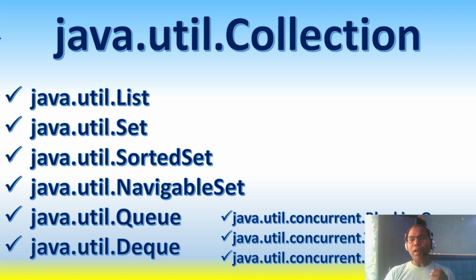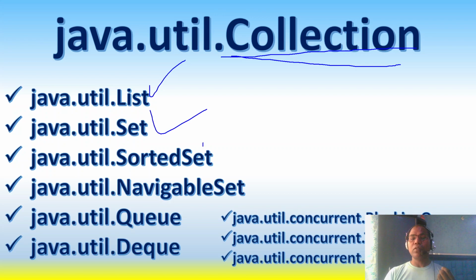So let's move to the next and look at what we mean by collections. Java has a rich set of APIs for these collections. Collection is the interface, and this interface has lots of sub-interfaces: list, set, sorted set, navigable set, queue, deque. That means they have different flavors.